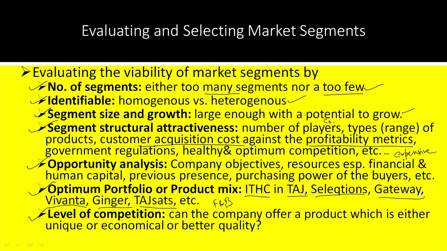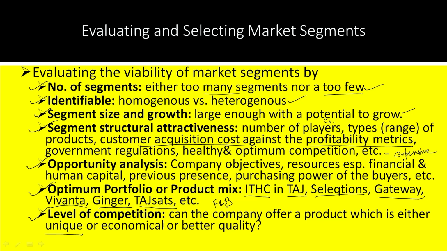So, when we talk about level of competition, we have accepted as a company that competition already exists. Now, while targeting this particular segment, can the company come up with a product which is unique? Other companies already exist with their own products, but here the company has come up with its own unique product.